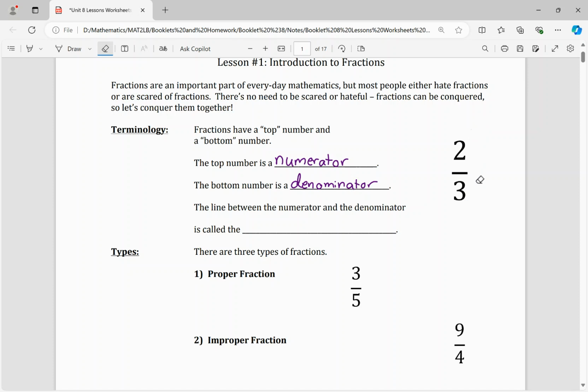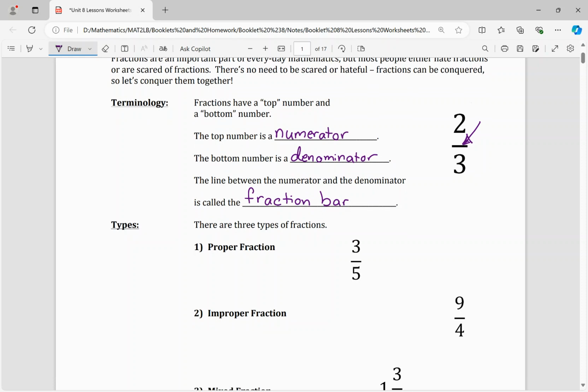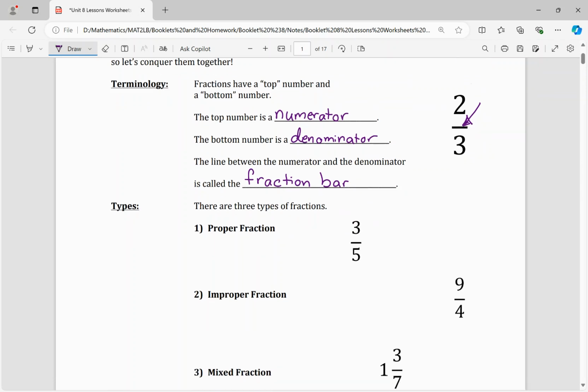Now, the line that's in between the numerator and denominator, which means division, we actually call that the fraction bar. So if in class I ever say the words numerator and denominator, which I will do a lot, or fraction bar, which I won't do a lot, you should know what they mean.